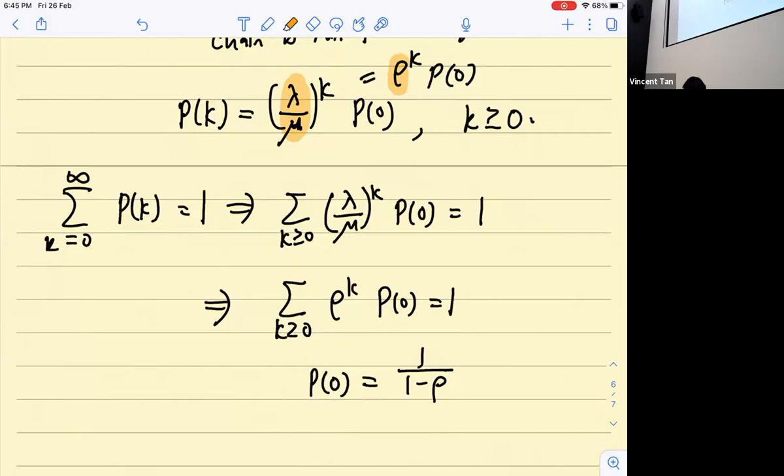P0 times 1 over 1 minus rho equals 1. Oh, yeah, my equation is wrong. Thank you. But that is a big mistake. So this implies that P0 is equal to 1 minus rho. But this is still not correct. Something is not right.